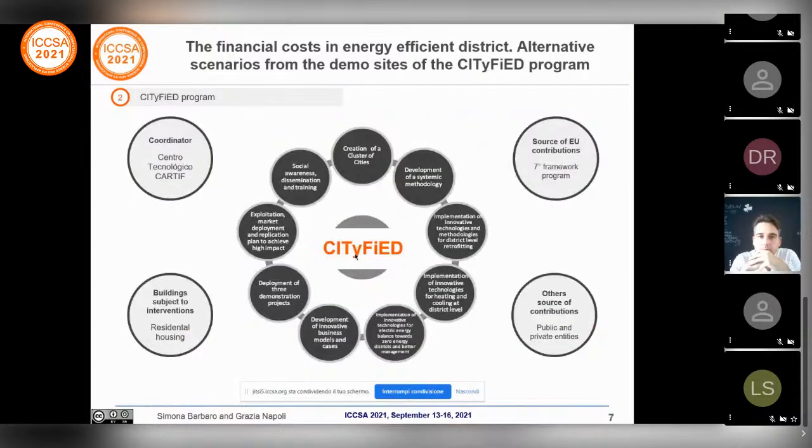This slide shows some general data about the Certify program and its objectives. In particular, Certify has developed technologies and solutions to optimize the renovation of residential districts and integrate the district heating system and the renewable energy sources.